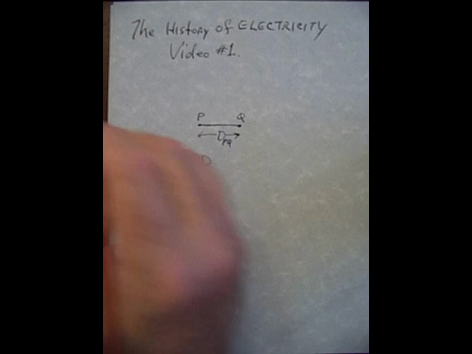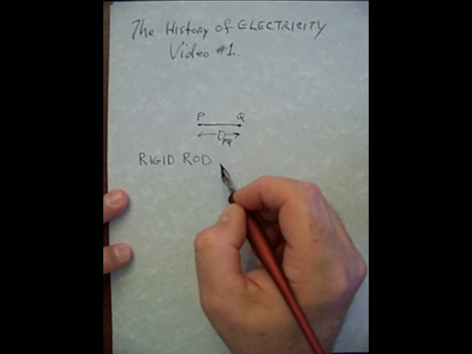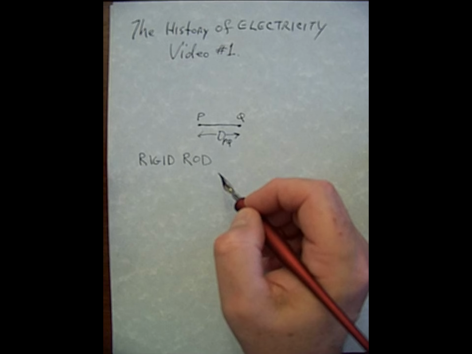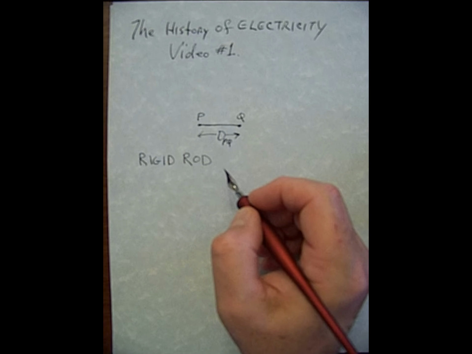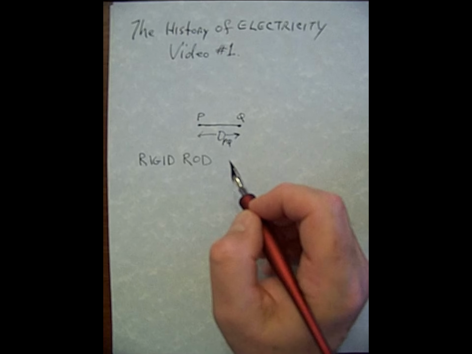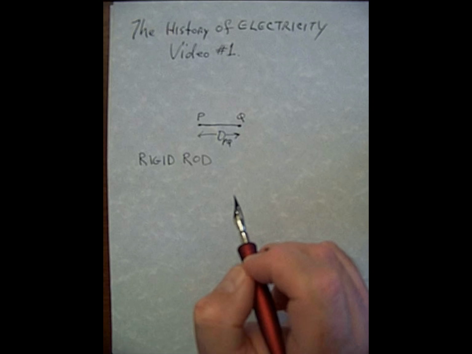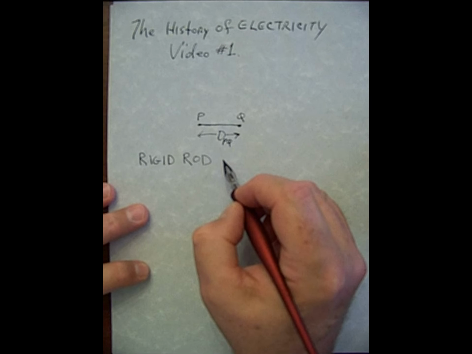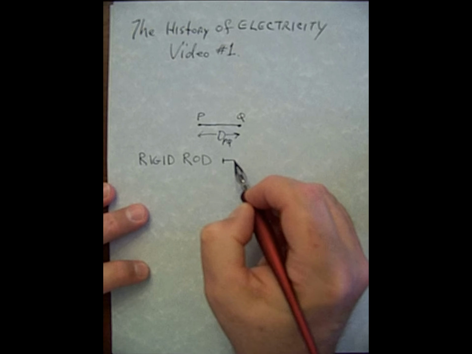Now, a rigid rod is just a measuring stick. It's like a ruler, except it's a perfect ruler. It never expands, it never shrinks, it doesn't change over temperature and so on. It's always exactly 1 unit long.